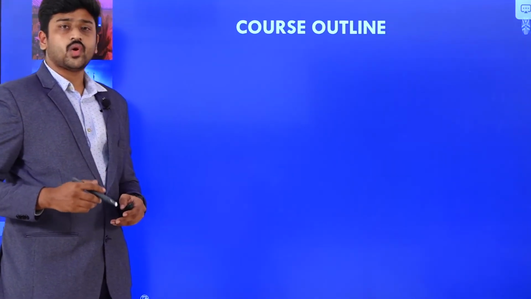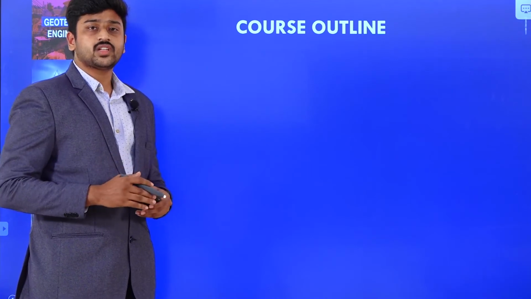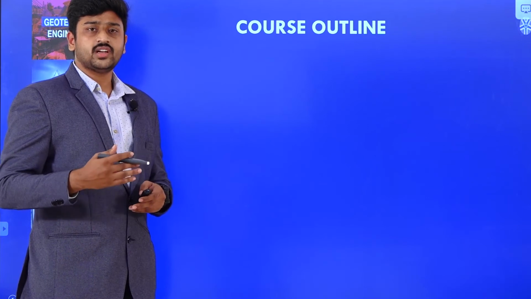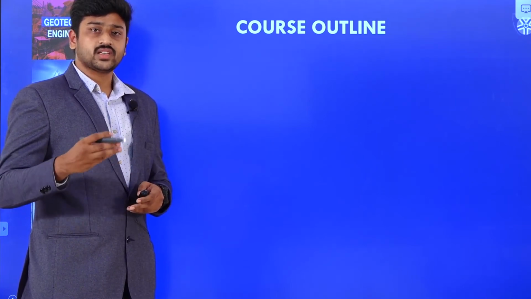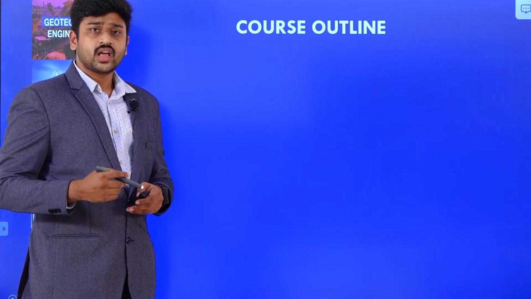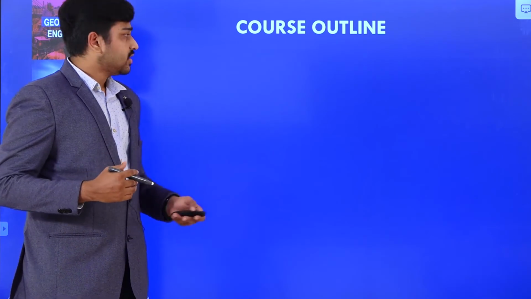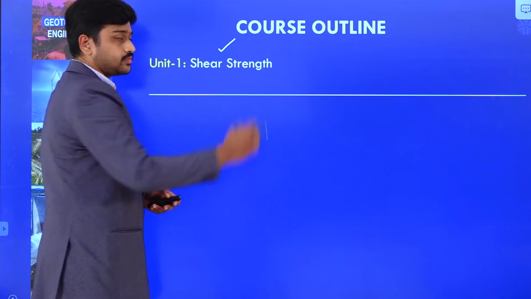Now let us look at the course outline for this geotechnical engineering 2. In the previous semester, we went through geotechnical engineering 1, where we discussed the different properties, as well as index and engineering properties, and some of the different tests that we conduct for this analysis. The other engineering property that is left is the shear strength.